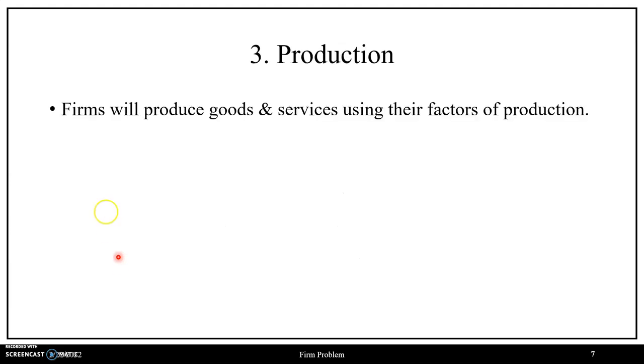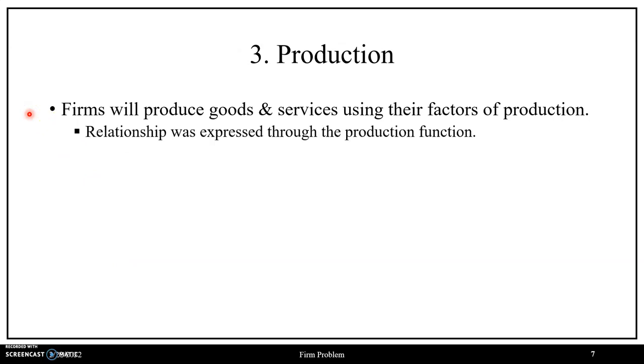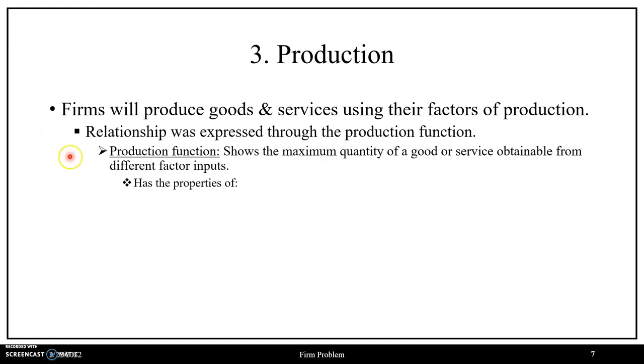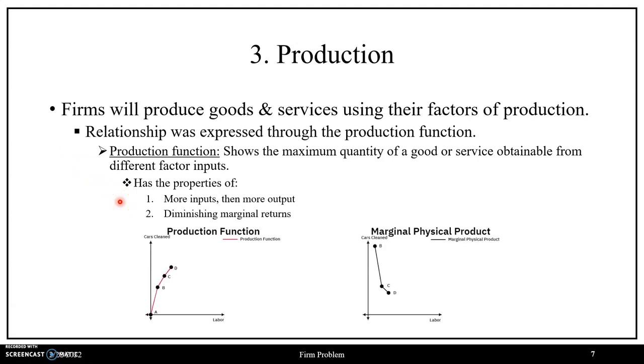In terms of production, firms will produce goods and services using their factors of production, where this relationship was expressed through the production function and had two major properties. The first being more inputs led to more output, as well as our second property being diminishing marginal returns. Where in terms of our production function, what this meant is where labor is on the horizontal axis and output in the form of cars cleaned is on the vertical axis.